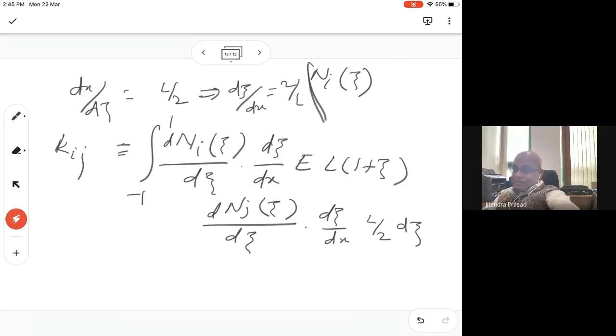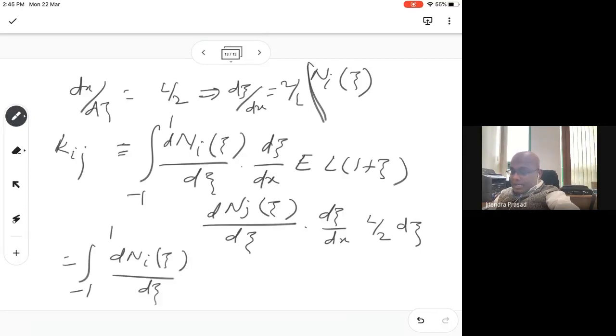So that means we write the integral from minus 1 to 1 of dN_i/dξ, dN_j/dξ times (2/L)², because you get dξ/dx equal to 2/L from both. This is 2/L squared, and then you have multiplied by L/2 here, so only one will survive.